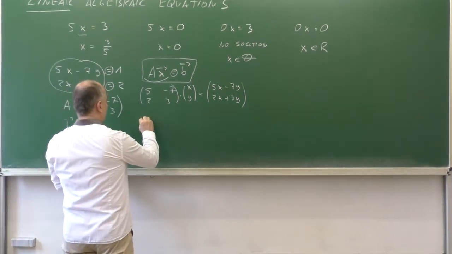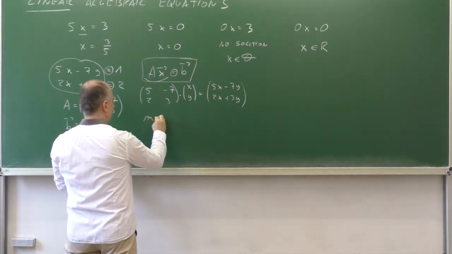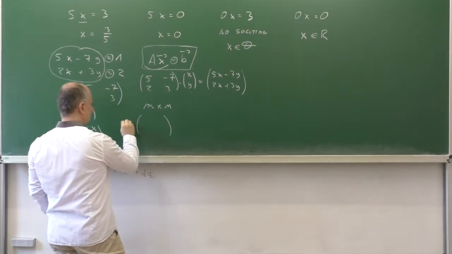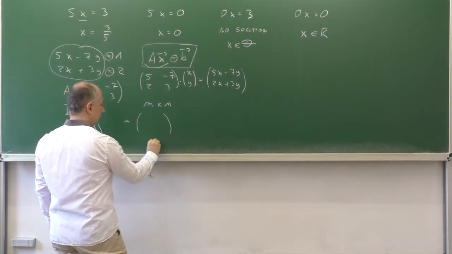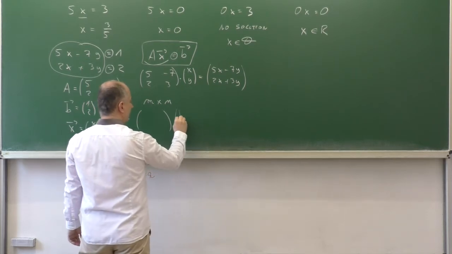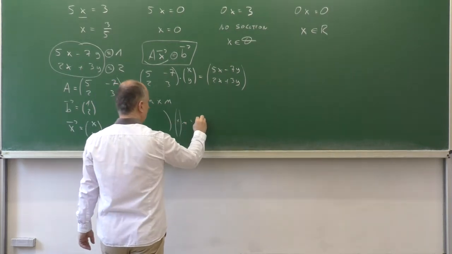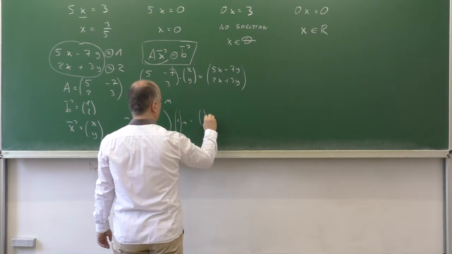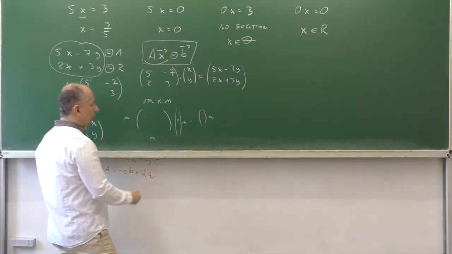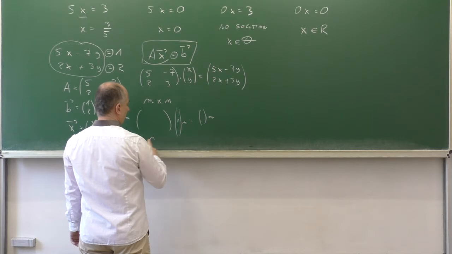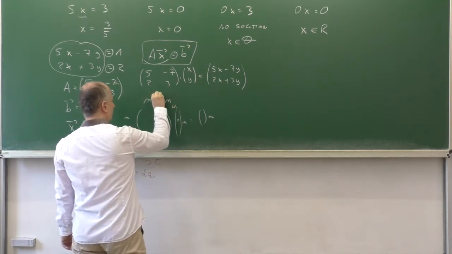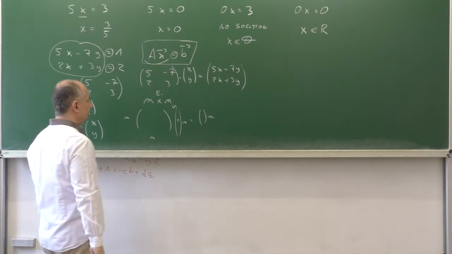If the matrix is m times n, then we have n unknowns and we have m equations. So this is the number of unknowns and this is the number of equations.